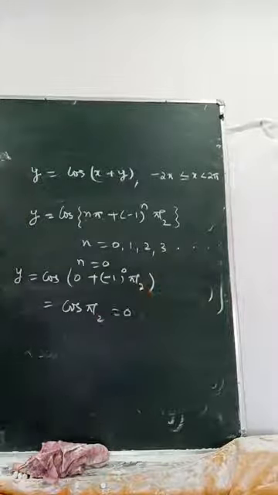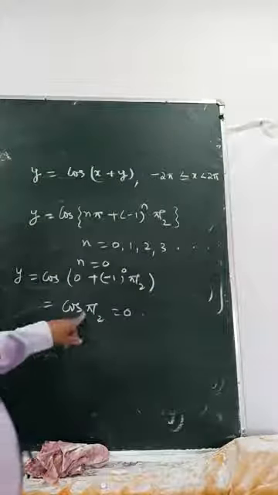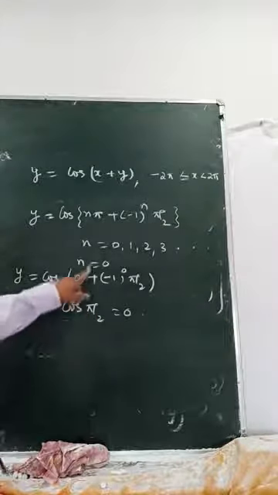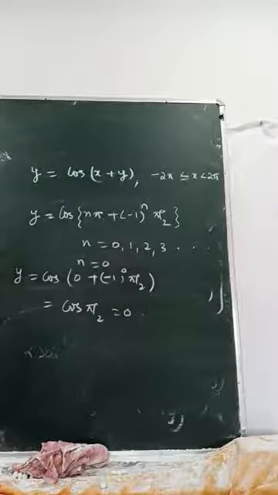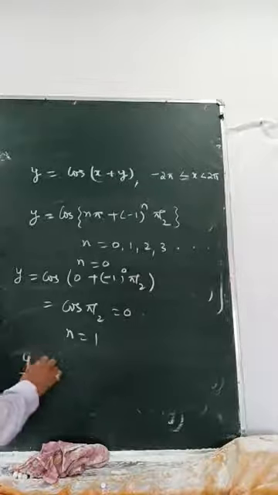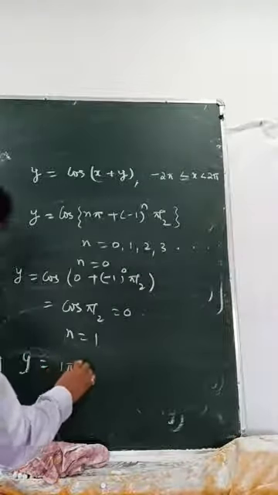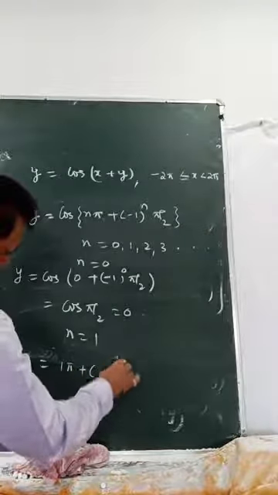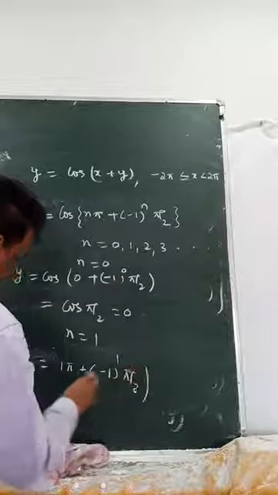Even if you put n equals 1, y is giving you cos of pi plus minus 1 to the power 1 times pi by 2.